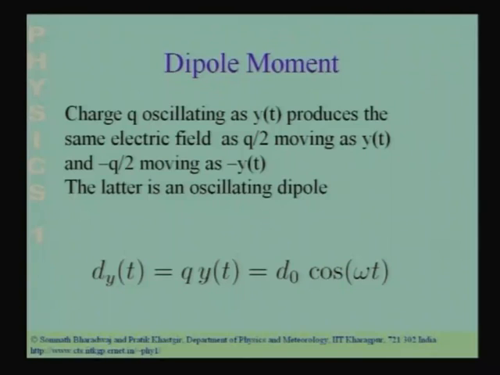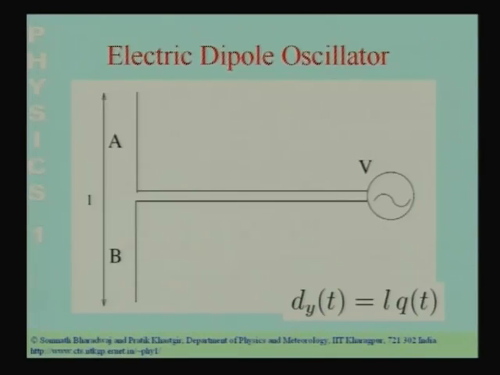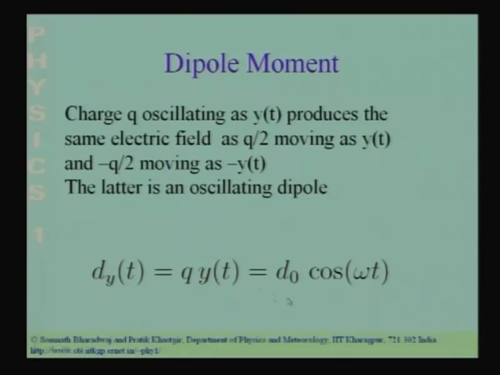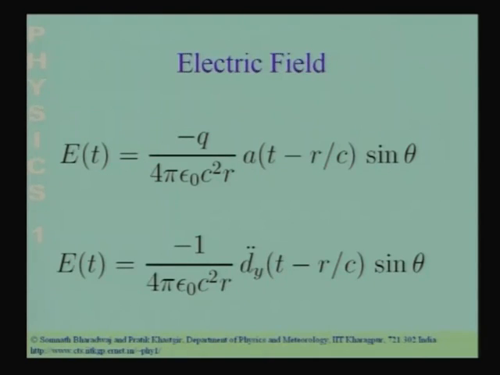So, what I have shown you is that a single charge moving up and down I can think of as an oscillating dipole. The magnitude of the dipole moment is d naught, equal to q into y naught, and the whole thing oscillates. So, it is d naught into cos omega t, and we can now write the expression for the electric field over here, which we had.